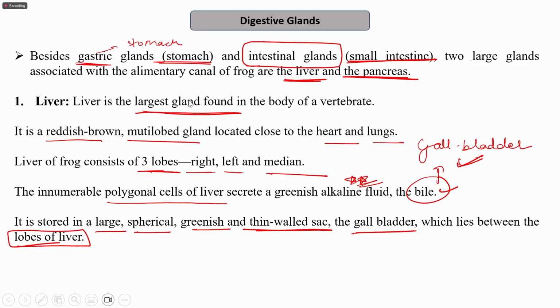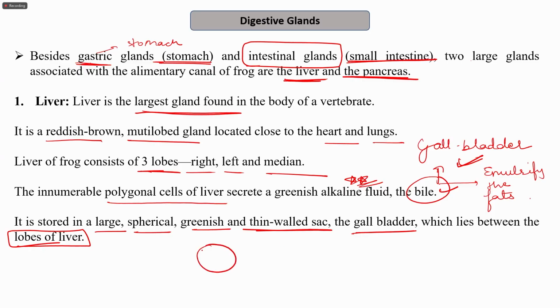One of the largest glands found in vertebrates is the liver. It secretes alkaline fluid, which is bile. Bile gets stored in the gallbladder, and the function of bile is to emulsify the fats. As such, bile does not carry out any digestion, but it breaks the food into smaller parts.